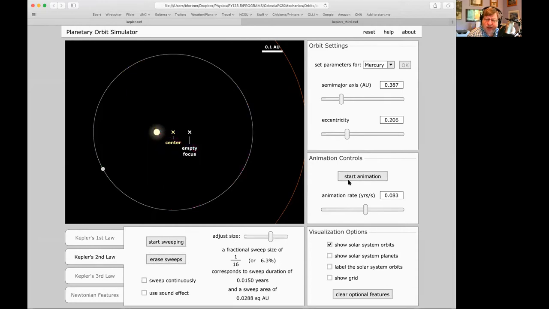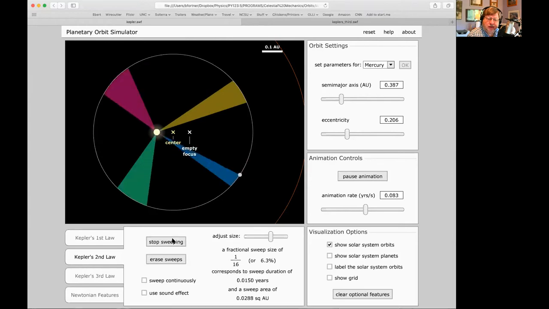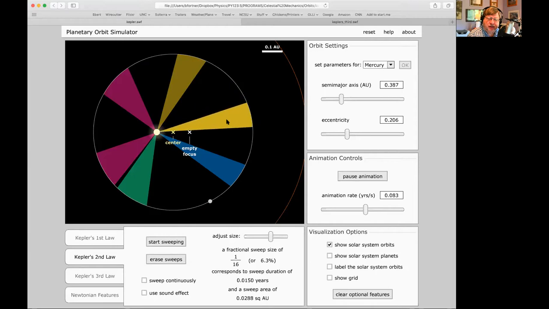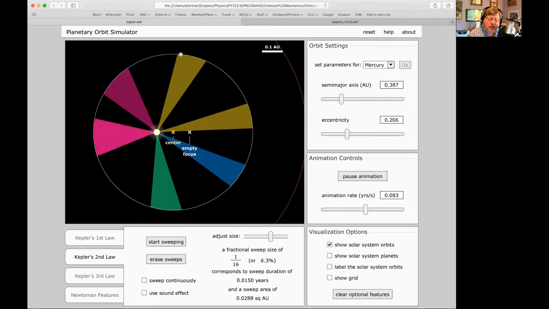Let's try it again. And you can just see visually how these all have the same area. Oh, look, you can move them around. Cute. Okay. I've even seen people cut up a pizza pie like this. Okay, that's the third law.